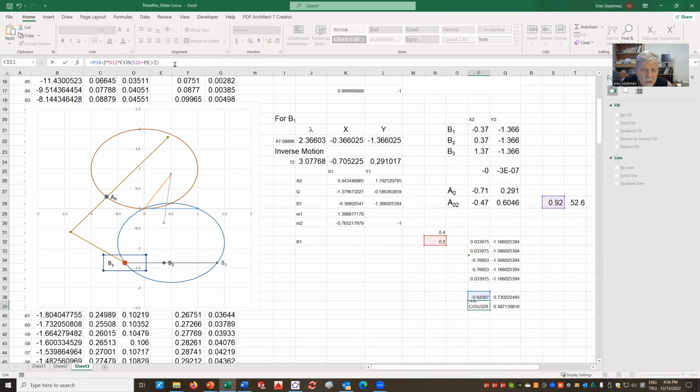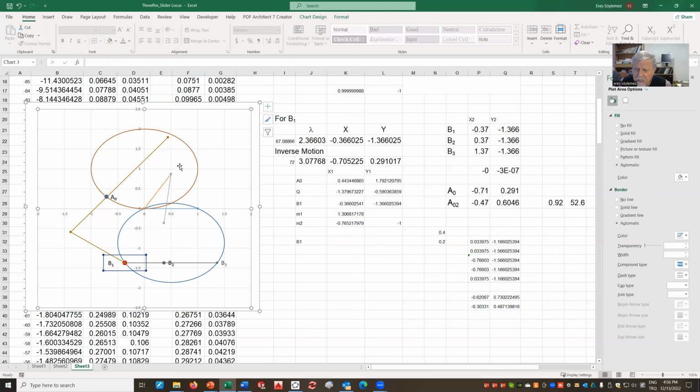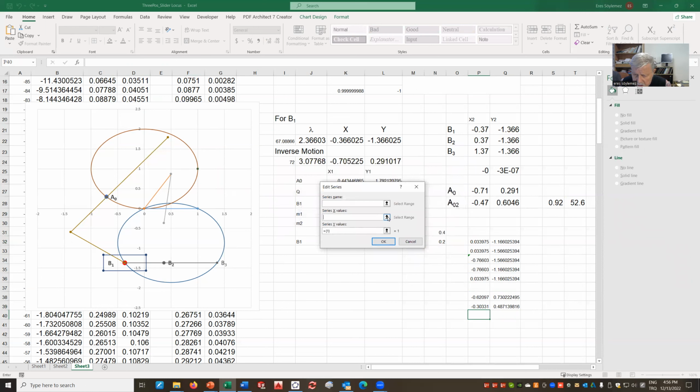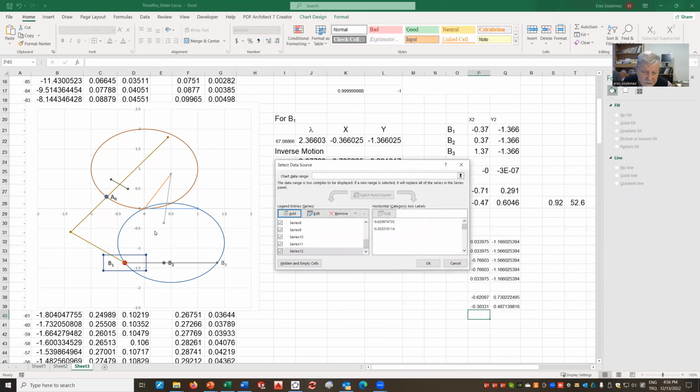Okay. Let us check those 2 points. If I made a mistake, I can see that. I will select data, add. Yes, that's correct.